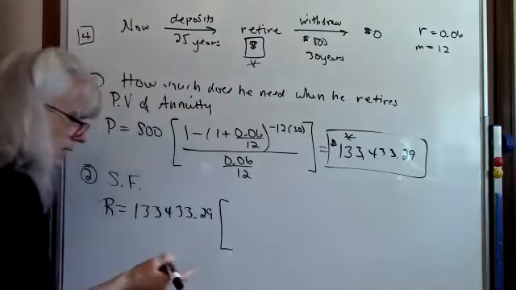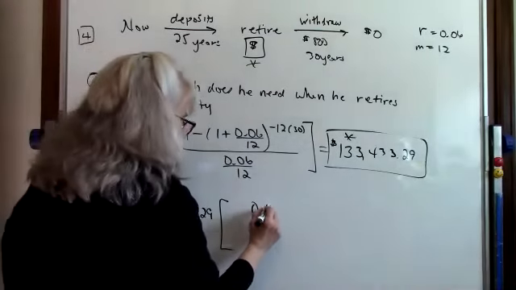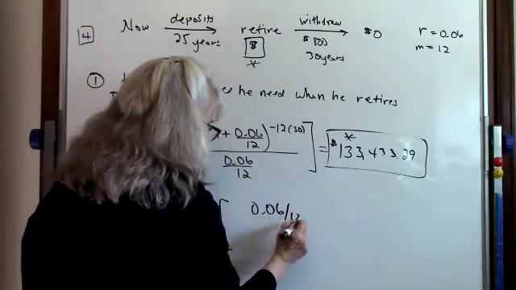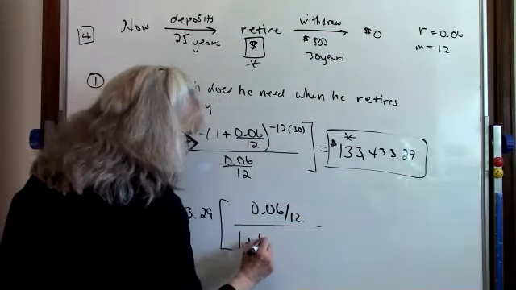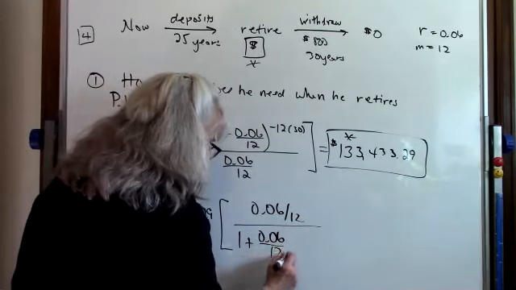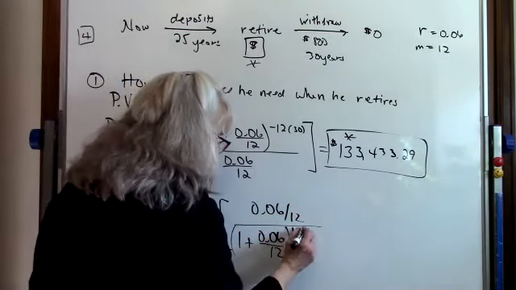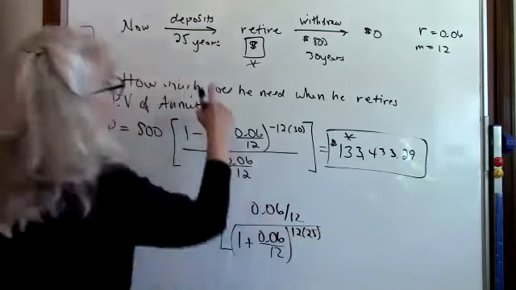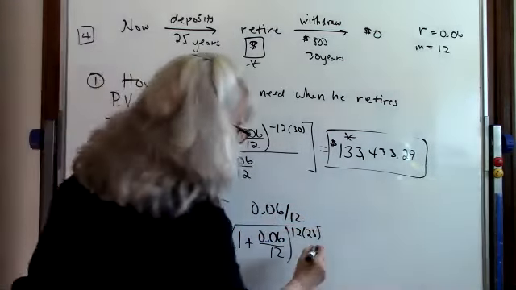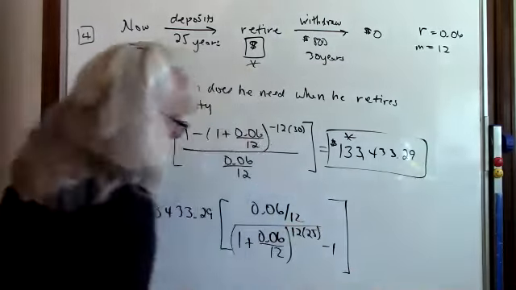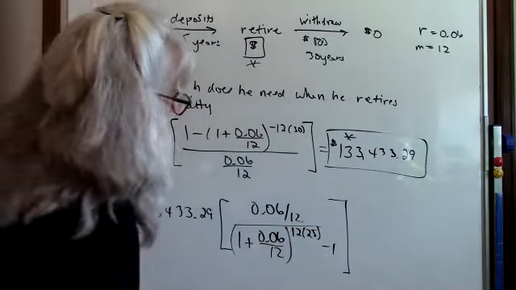And again, we're using the sinking fund formula. We have 0.06, it's still the same interest rate and still the 12 months, all over 1 plus 0.06 divided by 12. This time, my exponent is 12 times 25 because he's only saving up for 25 years, and then minus 1.